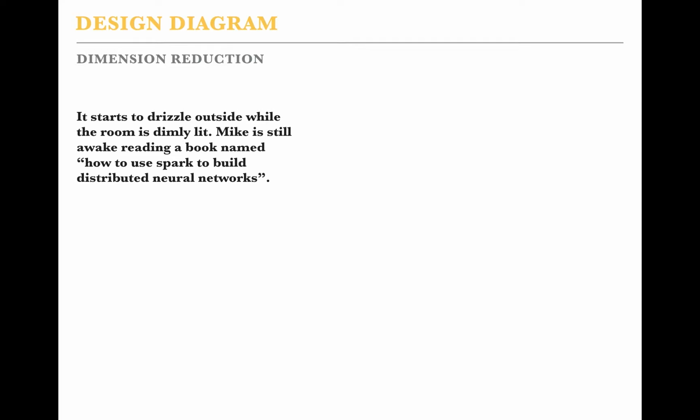If we use all of these data points, the calculation is extremely large, even for Amazon Web Services. So, we need dimension reduction technology, like this sentence, to find out what Mike is doing.